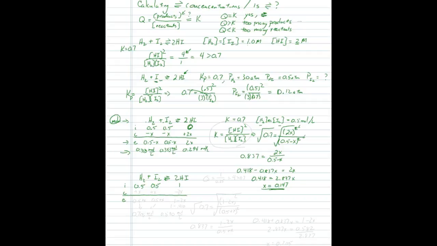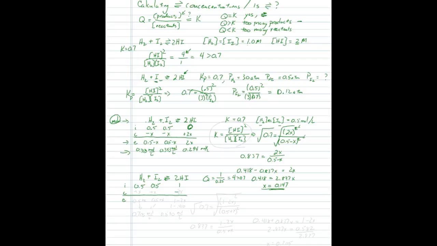Well, you got to go back to the Q value and find out which way you're going to shift. Q is equal to 1 over 0.5 squared, which equals 4. 4 is too big. That's greater than 0.7. So that means, looking up here, you've got too many products.